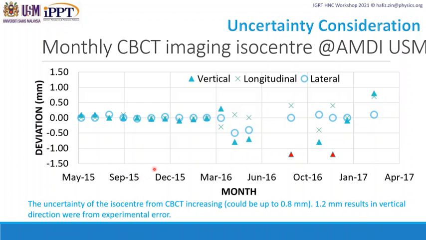And also these tests are done using the ball bearing system, not the simple IsoCube device shown earlier, because the ball bearing device is more appropriate for monthly tests. Also, as you can see, it is prone to experimental error and may give you a false alarm in terms of the accuracy level.